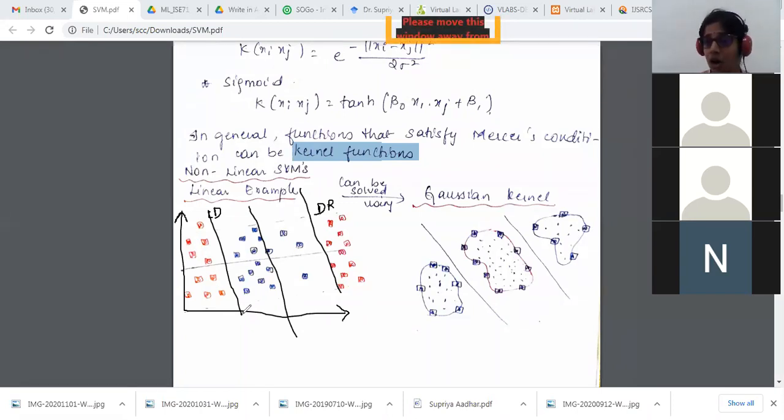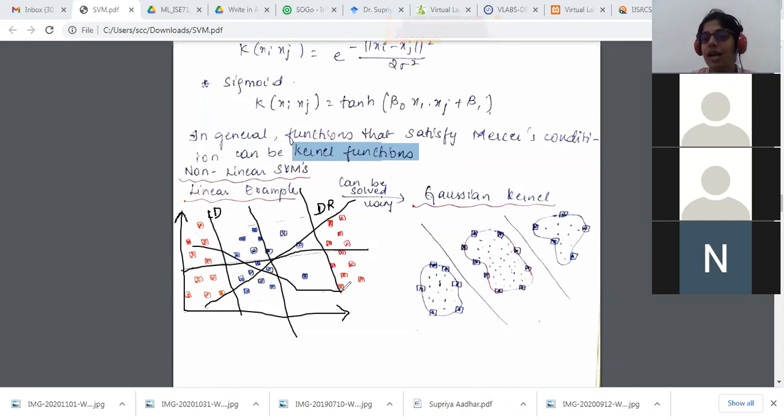Or even if you consider both are red, and there are only two different categories, wherever I draw the hyperplane, I will not get my accuracy correctly. Classification accuracy will always be between 50 and 60%. It cannot improve more than this. So to solve such problems, we can use the kernel trick. It can be solved by using the Gaussian kernels. How do I do it?